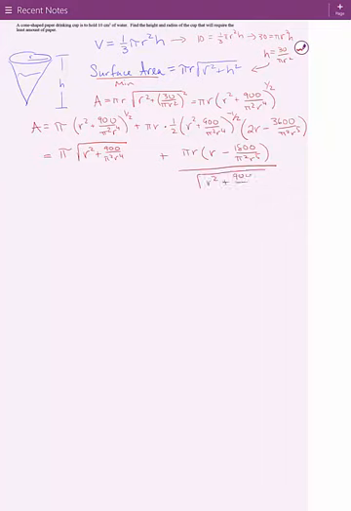So now, since I have a fraction on the right-hand side here, and this is a fraction over 1, I can get a common denominator by multiplying the top and bottom of this first fraction by that same square root.